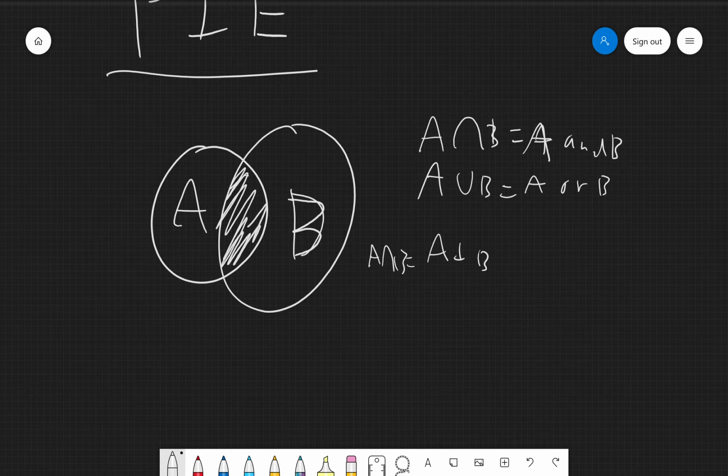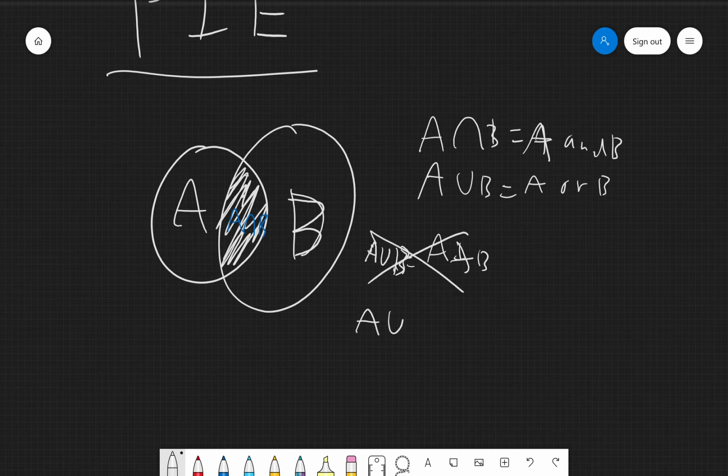This section is A intersection B, and we were trying to solve for A union B. Because A or B means A plus B, right? But that's incorrect.